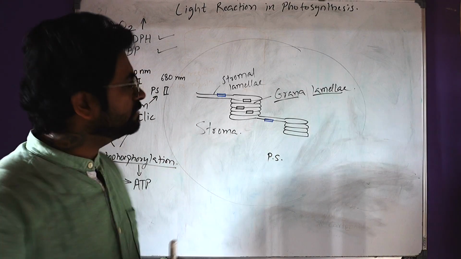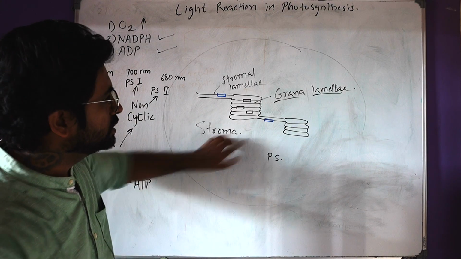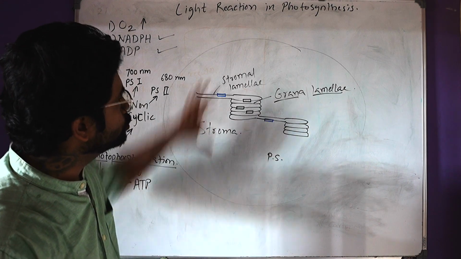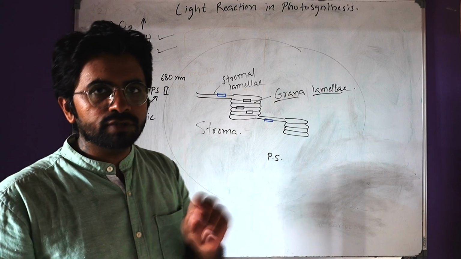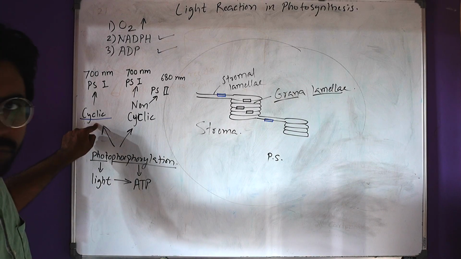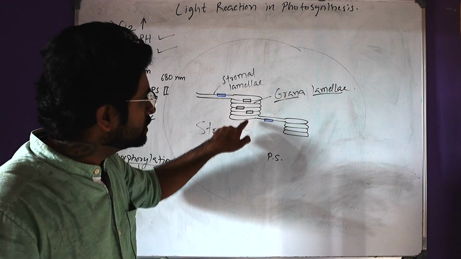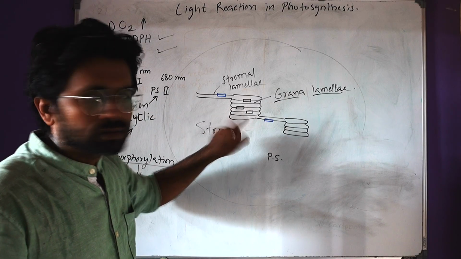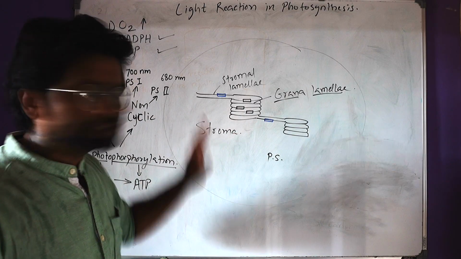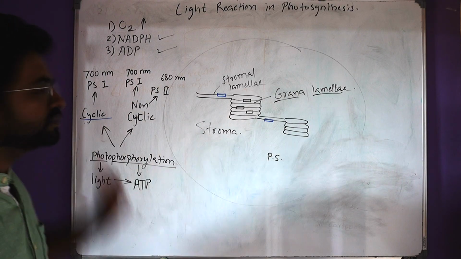The lamellae which is exposed to stroma, this is stroma, and this lamellae is exposed to stroma, so that's why we are calling it stromal lamellae. There you will see cyclic photophosphorylation done by photosystem 1. Here in the grana portion you will see both PS1 and PS2, causing non-cyclic photophosphorylation.